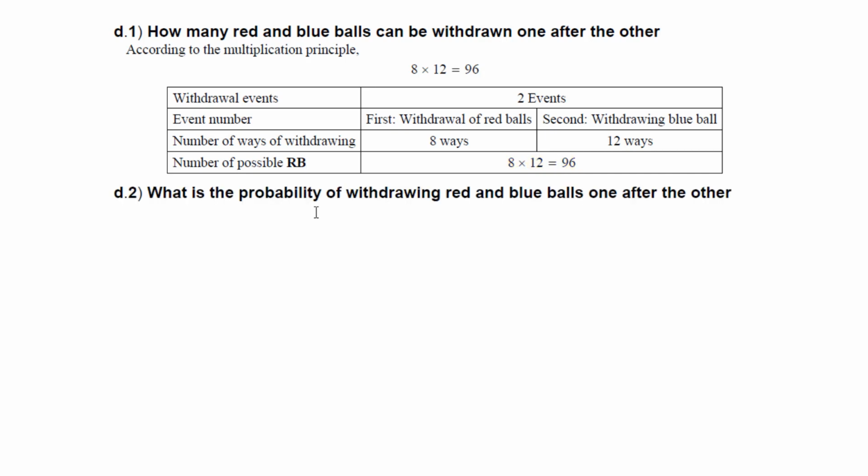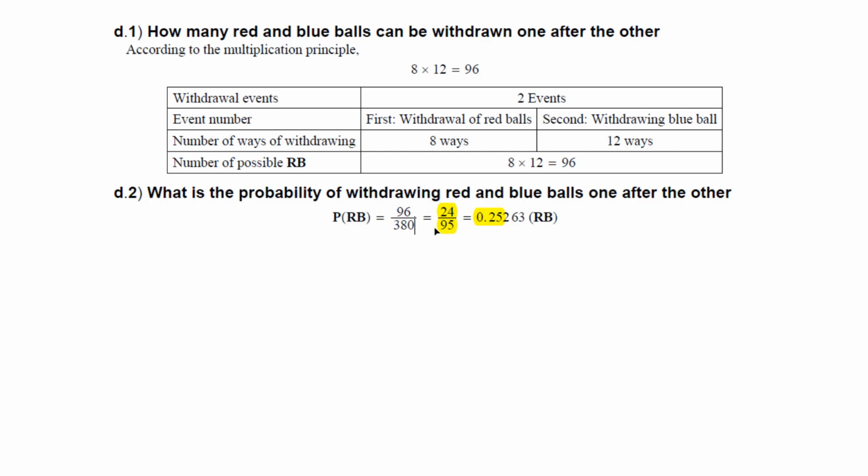So now the question is, what is the probability of withdrawing red and blue objects one after the other? We divide 96, the number of possible outcomes for red and blue, over 380, which is the total number of all possible outcomes, or the number of elements in the sample space, and we get again 24 over 95.